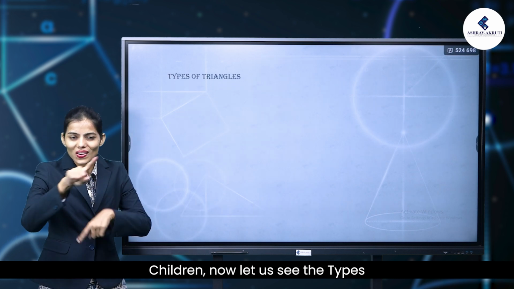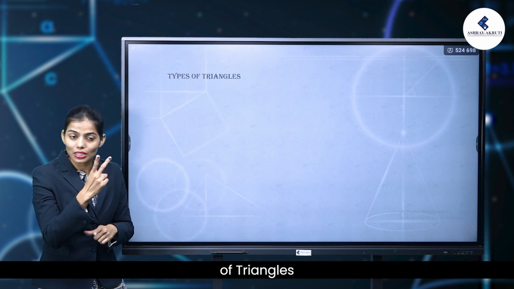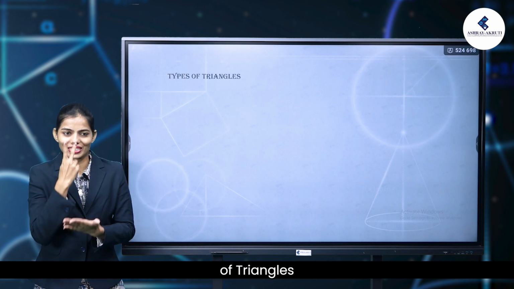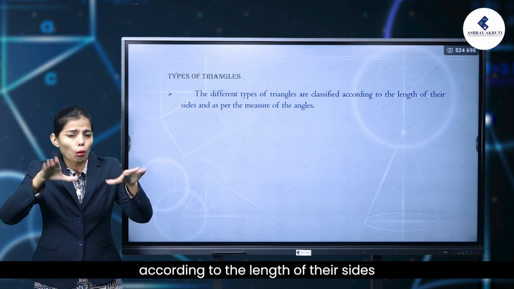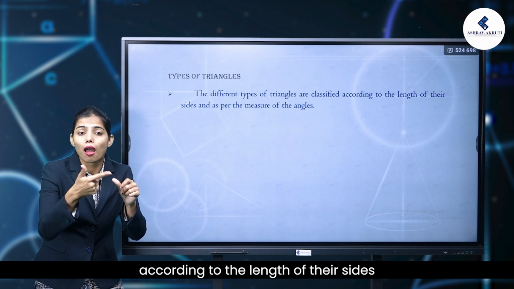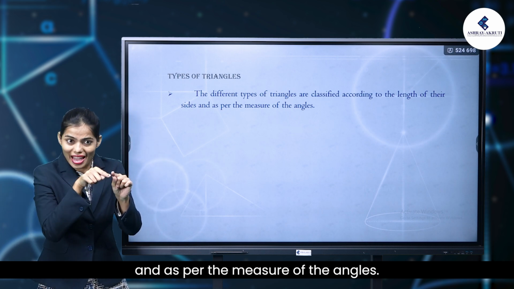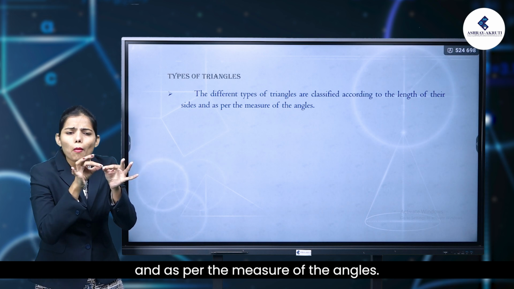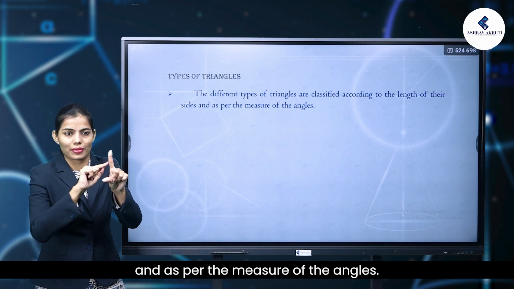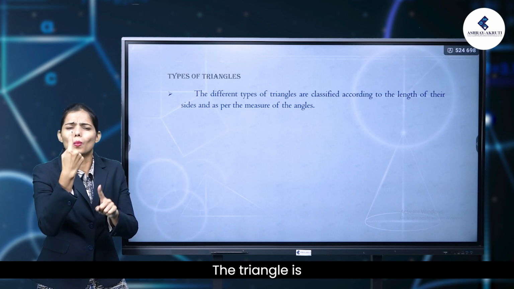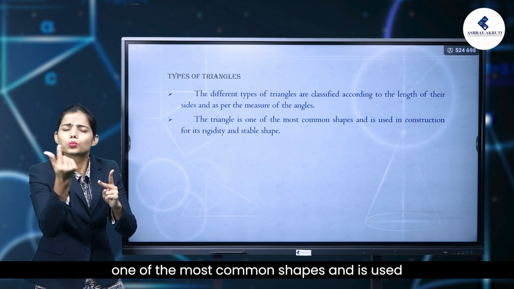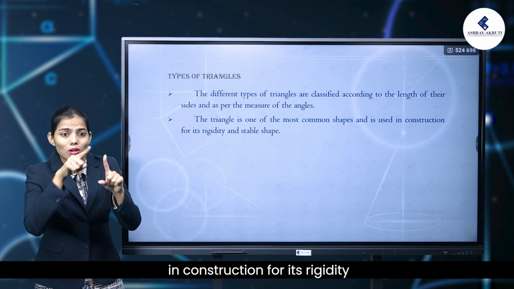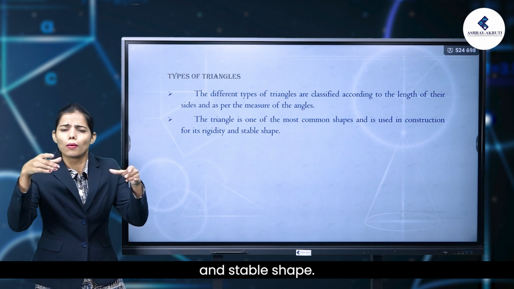Children, now let us see the types of triangles. The different types of triangles are classified according to the length of their sides and as per the measure of the angles. The triangle is one of the most common shapes and is used in construction for its rigidity and stable shape.